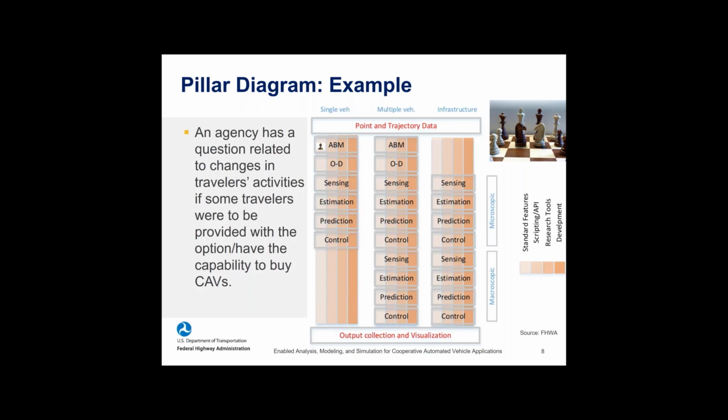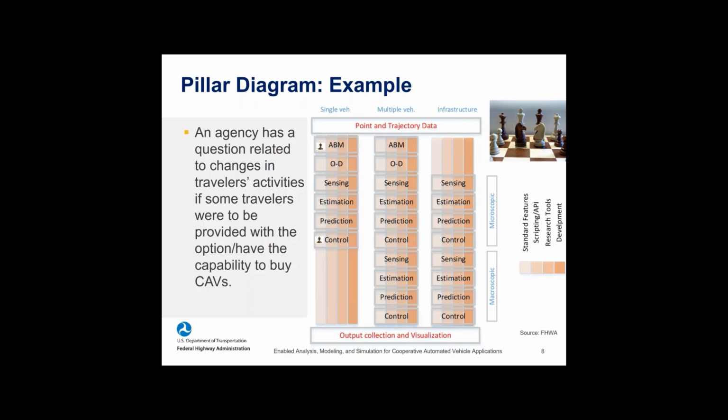And then the next step would be, I'm going to have to do something here about control, because the person is given the choice to use a connected automated vehicle, and they're going to change their activities based on that. They are going to change that based on the control ability of that vehicle. Otherwise, why are they not using just a normal vehicle? So it might be some features that we need to model there in terms of control.